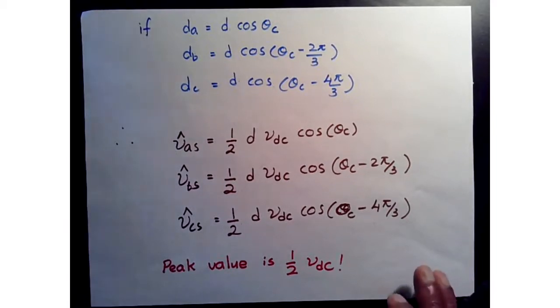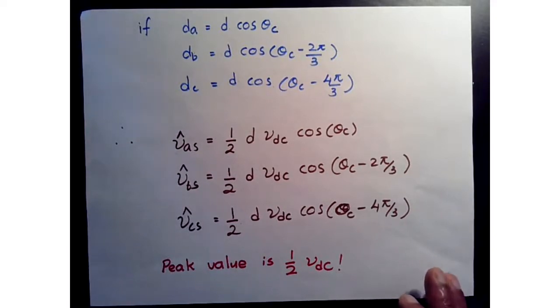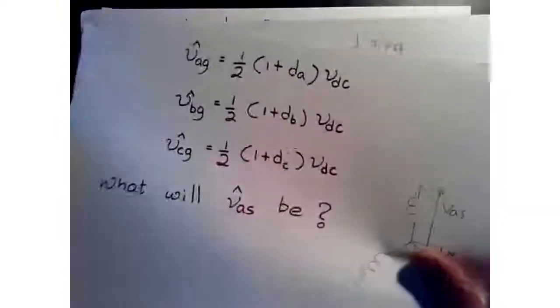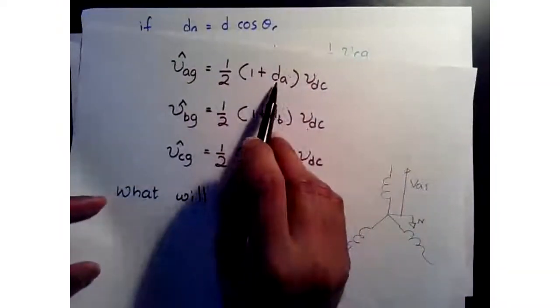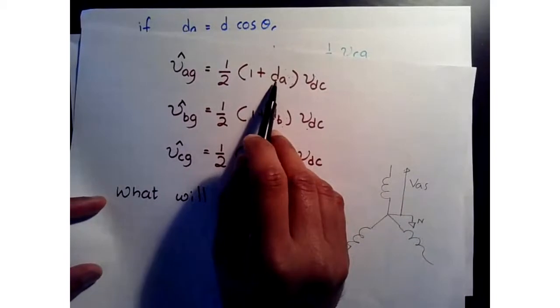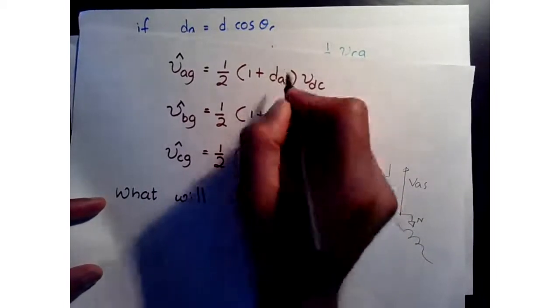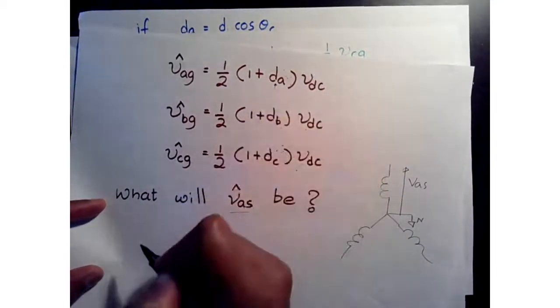Now, let's go to our VAG for a little bit. Let's see, where is my VAG relationship? Now, from our VAG relationship, right, we can see that we can only reach 1 here, right?